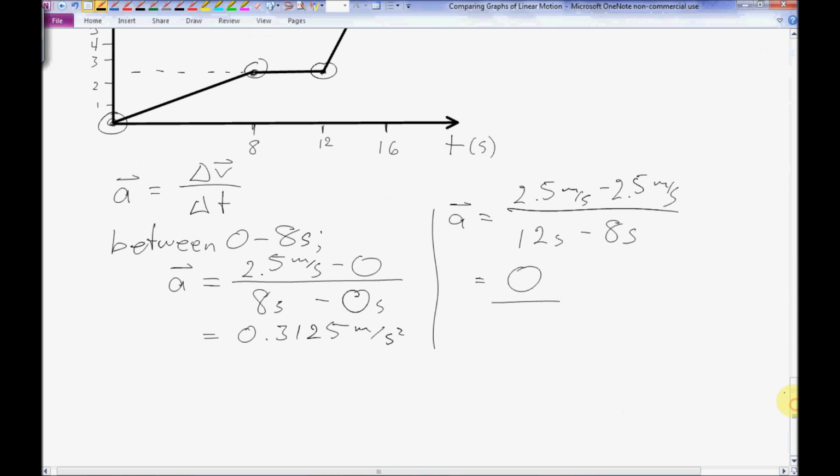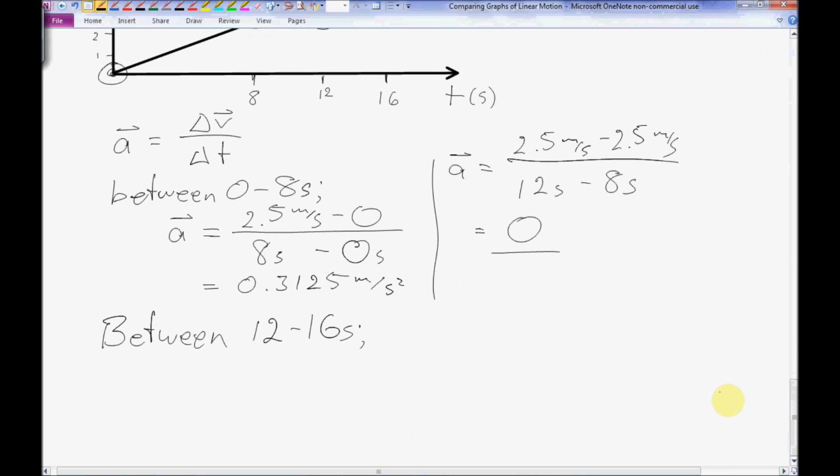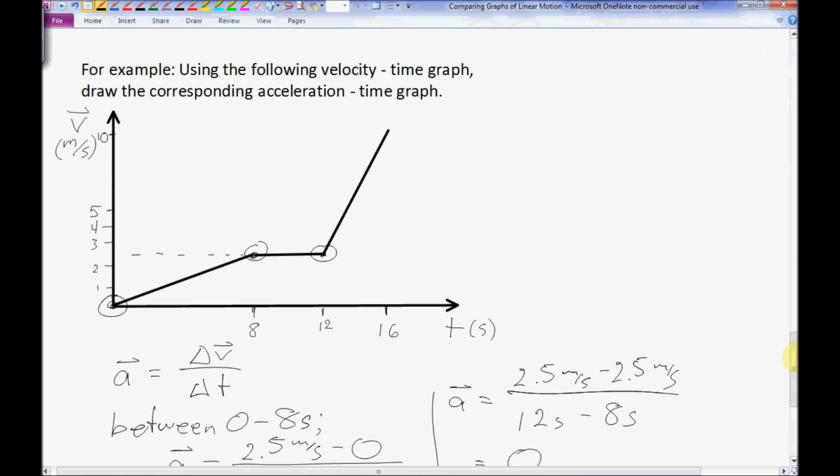Finally, between 12 and 16 seconds, we'll calculate acceleration. We're going to need 2 points, so we'll take this one here, and I'll say that that's 16 and 10.